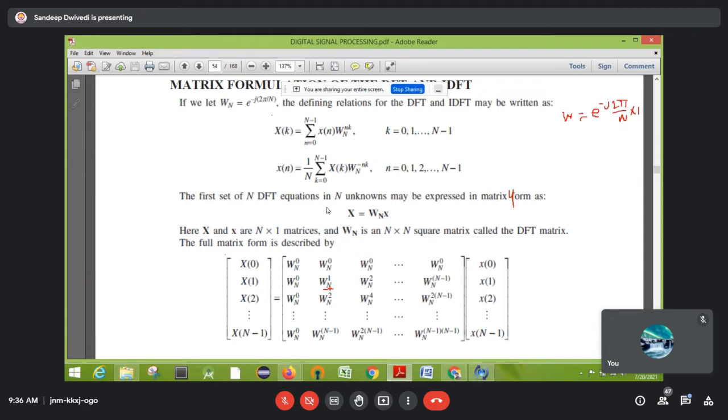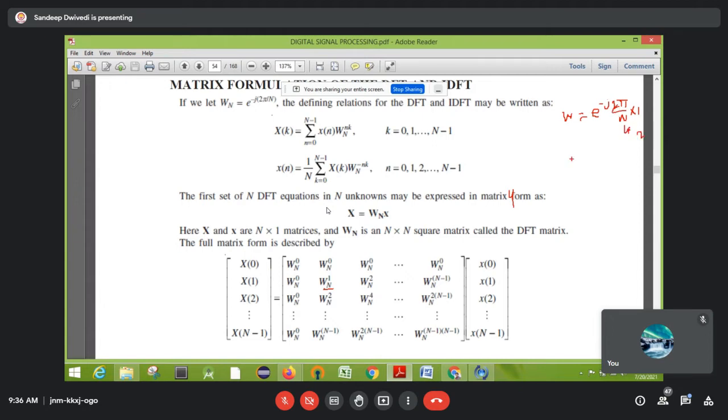So here you need to find out this one. Here you write 1, and this will be e raised to power minus j 2 pi divided by capital N. If you are taking 4, this will be 4, and this will be cancelled, so this will be pi by 2.